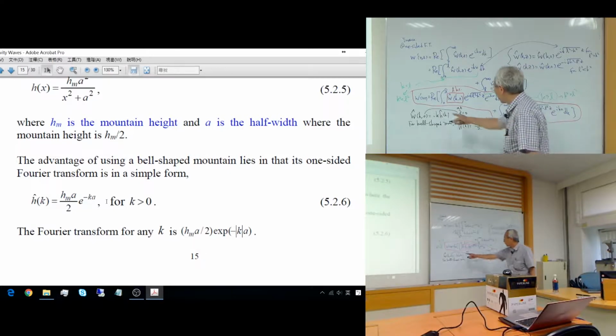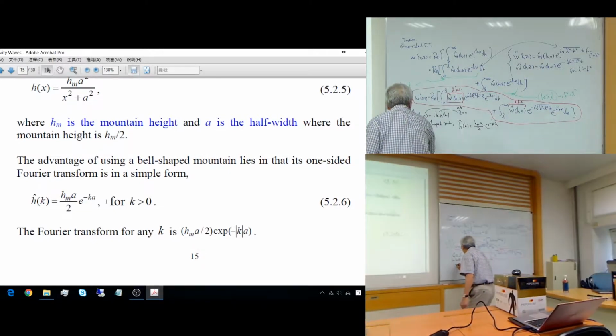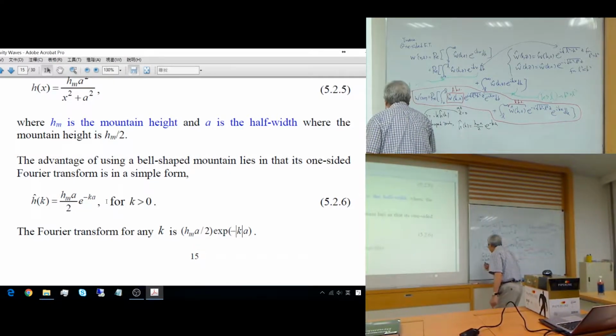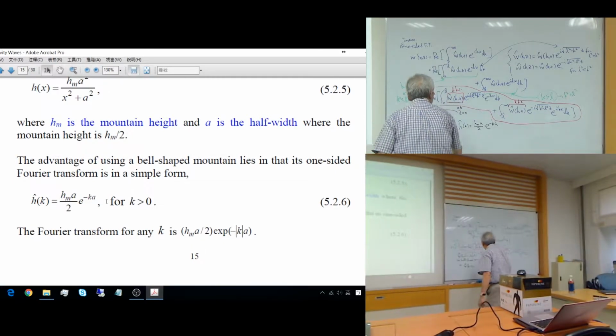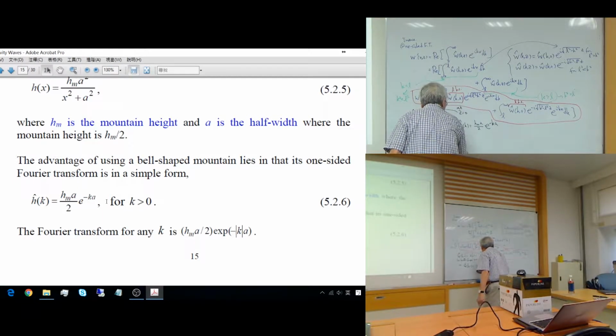So we can substitute into it. W hat of k, 0 equals ik HM times a divided by 2 e to the minus ka.